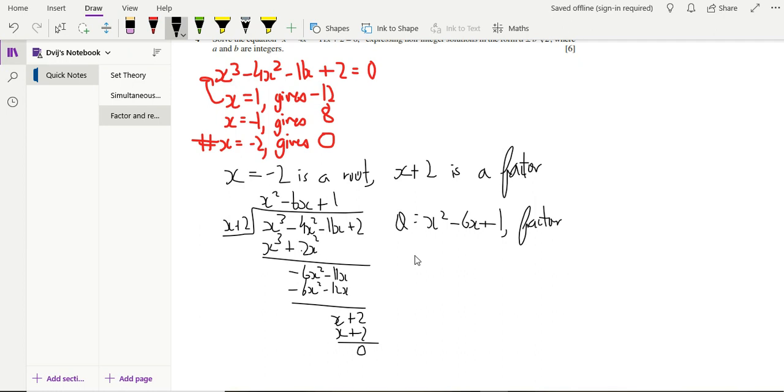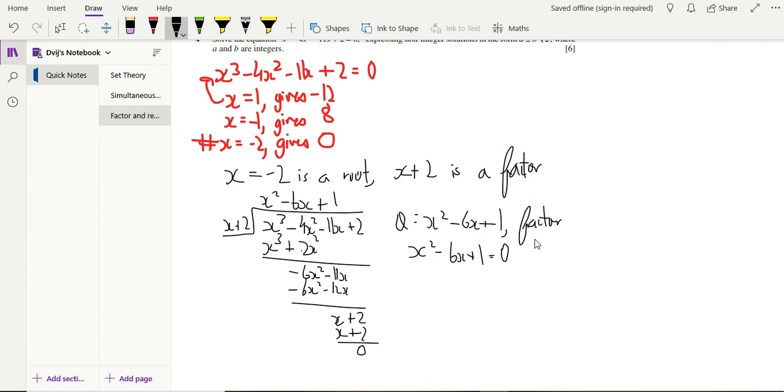And it's a quadratic equation, so what we're going to do is equate that to 0, x squared minus 6x plus 1 is equal to 0, to find the roots. And you can do whatever way you like to find the roots. I personally just use the formula on my calculator, so I'm going to do that now.